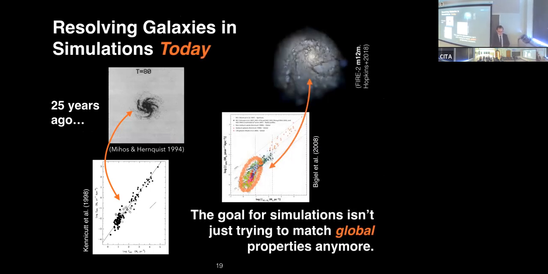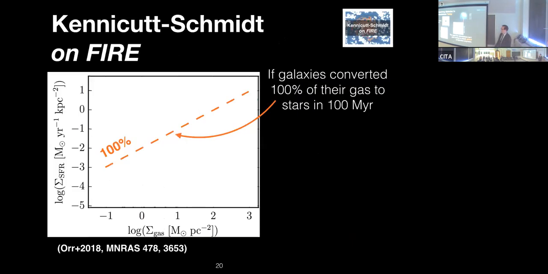If the goalpost at first was just getting a galaxy mass function to look anything near realistic, now we're trying to fit spatially resolved observations on a population level, things like fitting the FANGS data set or just any IFU survey.